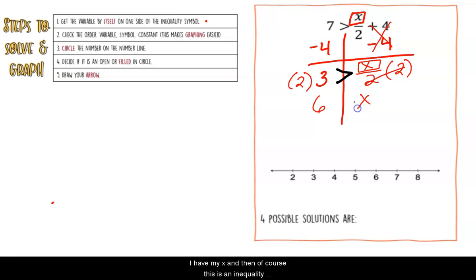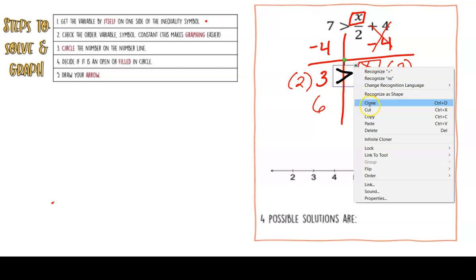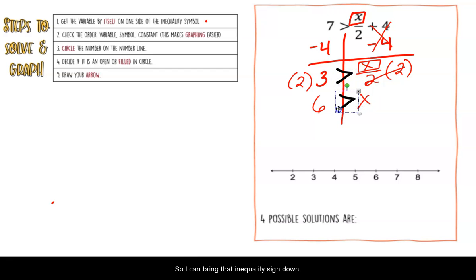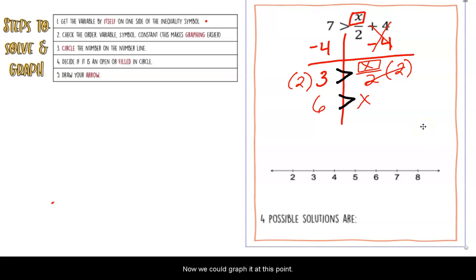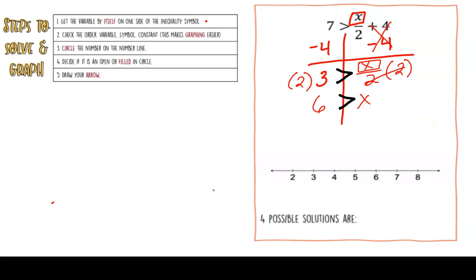I have my x, and of course this is an inequality, not an equation, so I can bring that inequality sign down. Now we could graph it at this point, but graphing is easier when you think about all the values you're comparing x to on the number line. So for this, I like to change the order so that I can better understand it.